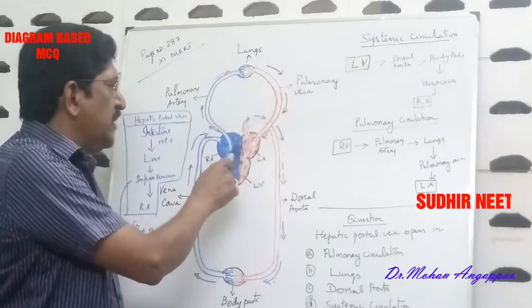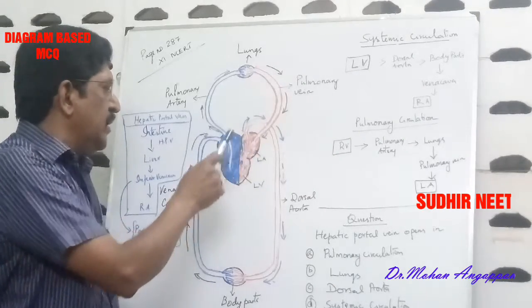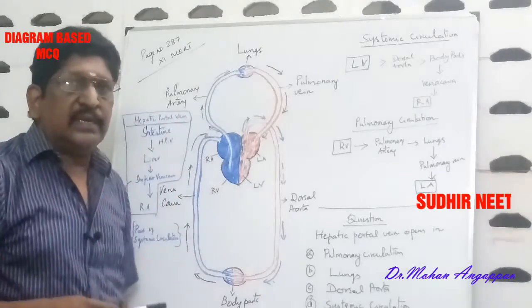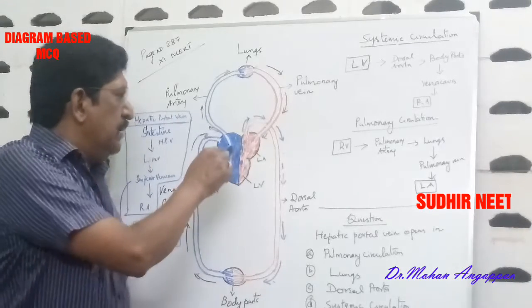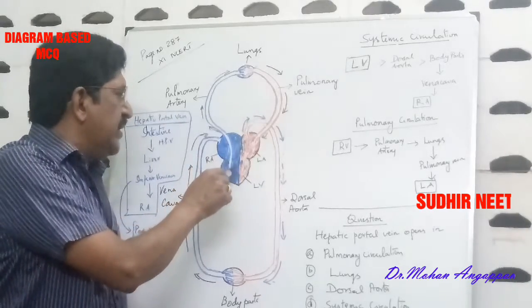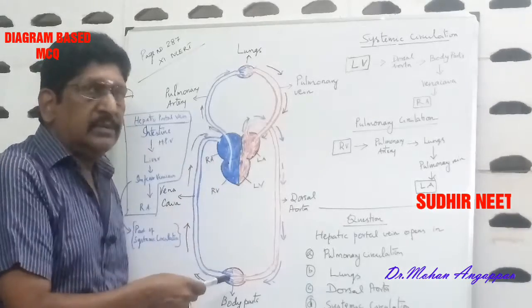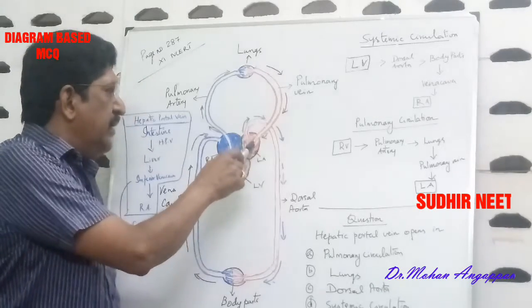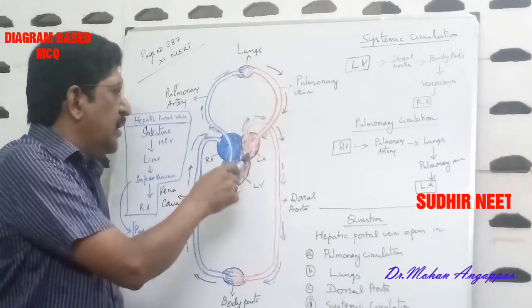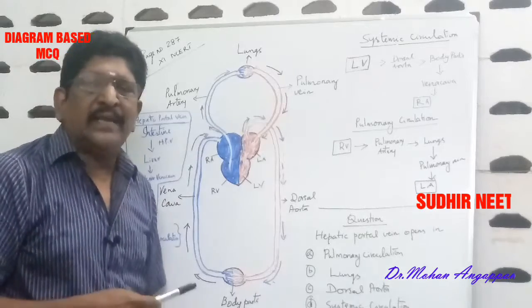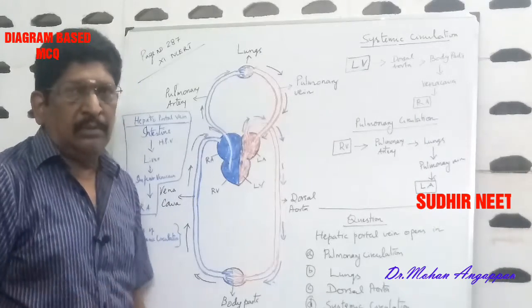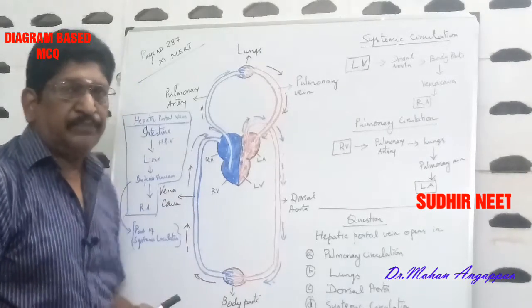You know the heart contains four chambers: right atrium, left atrium, right ventricle, left ventricle. In between the right atrium and right ventricle you get tricuspid valve with three flaps. Between left atrium and left ventricle you get bicuspid valve or mitral valve containing two flaps.